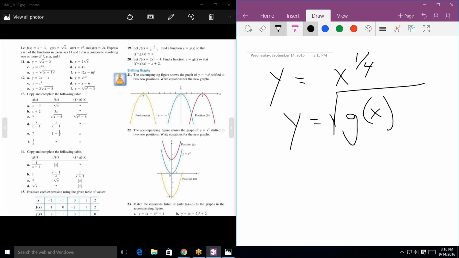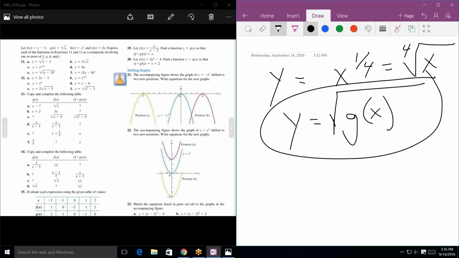First of all, do you know what x to the 1/4 means? Oh, yes. It means the 4th root of x. Okay? Well, if I take the square root of the square root, I get the 4th root. So g to the 4th. Yeah, so this is actually the answer.